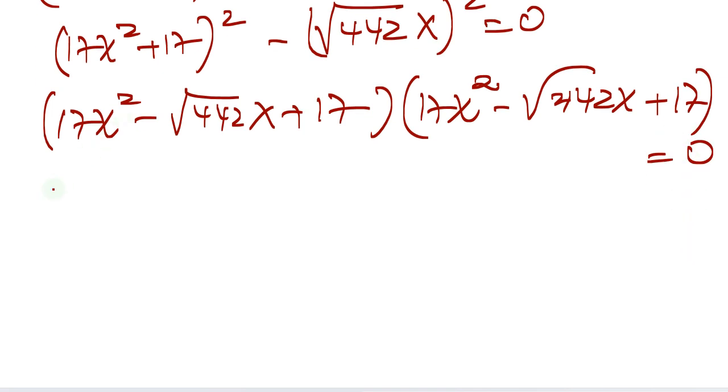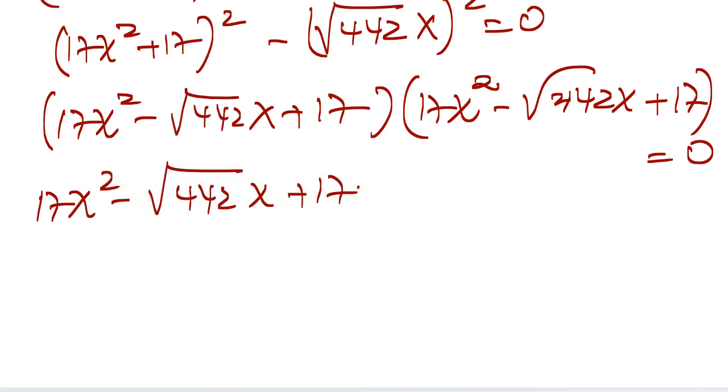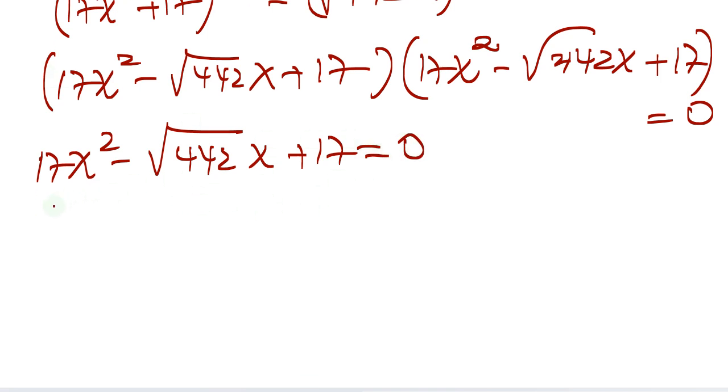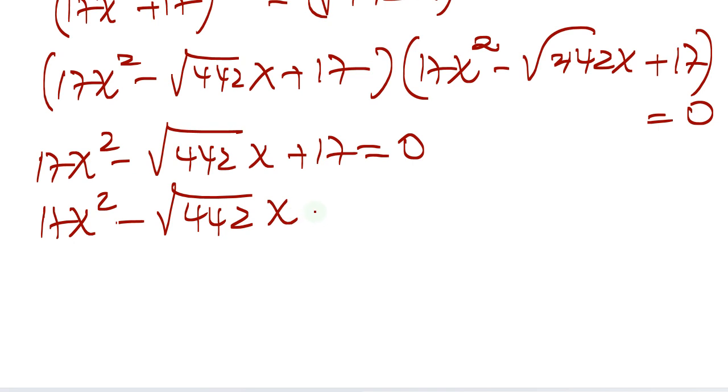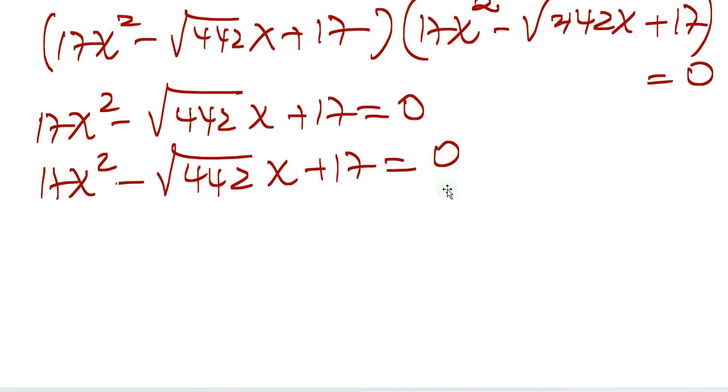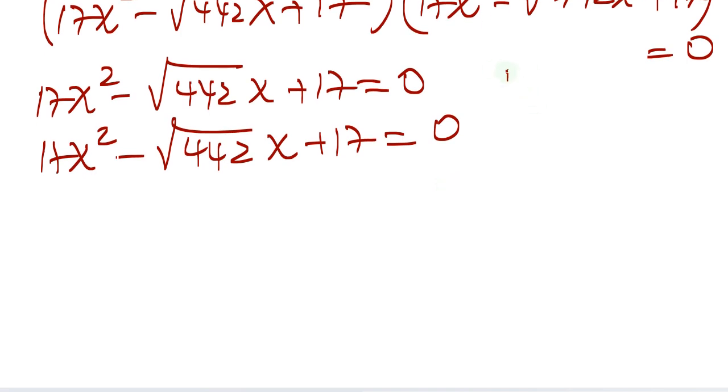So now we have our equations that we can solve. The first one, 17x squared plus square root of 42 x plus 17 equals 0, and the second one, 17x squared minus square root of 42 x plus 17 equals 0. So guys, we have our two equations, 1 and 2. From 1, which I'm not going to solve in full because the video is going to get pretty long, sorry, the sign is negative here, so the first one is positive.